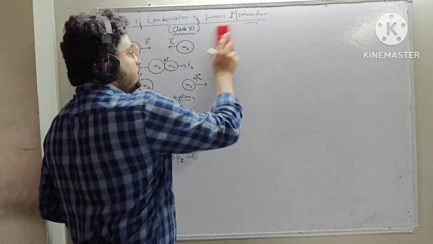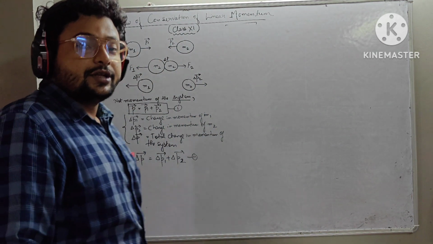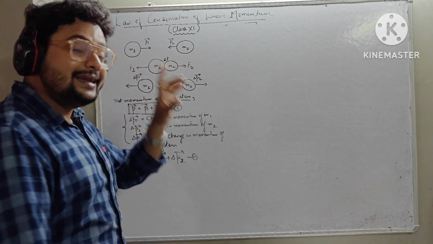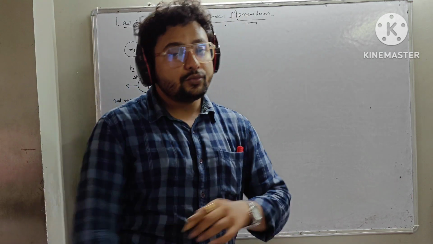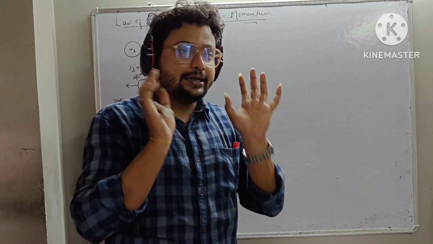Now see, both the bodies were in contact for a time delta t. Now delta t is going to remain the same for both the bodies because both the bodies were in contact for a particular time delta t.